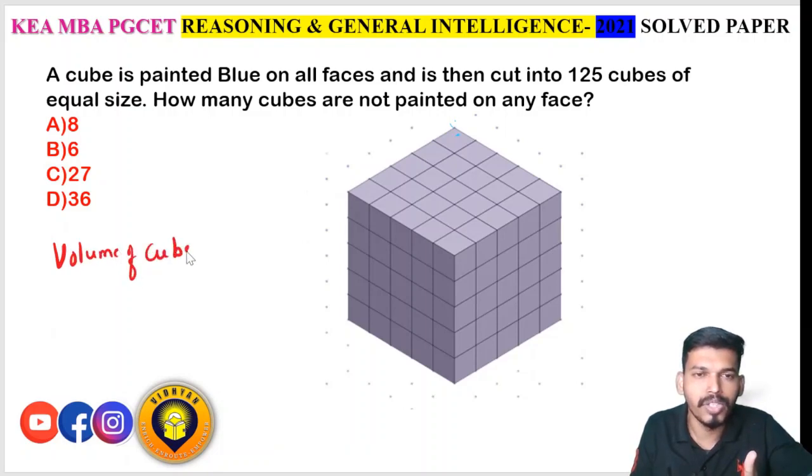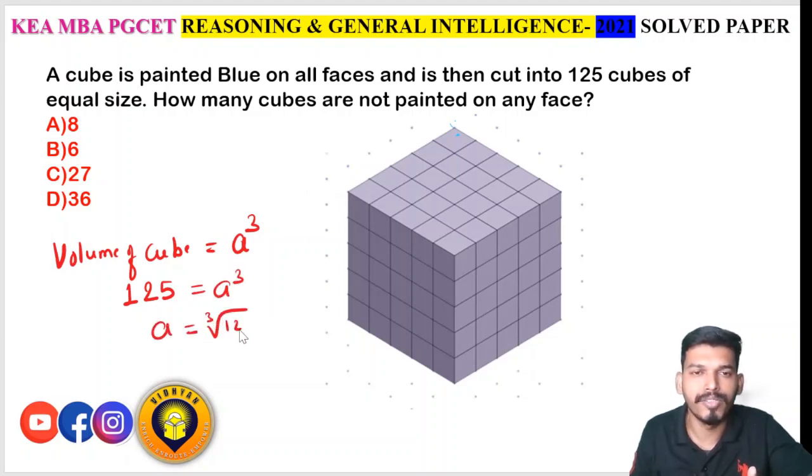What is the volume of the cube formula? Volume of the cube is nothing but a cube. If you join these 125 cubes, you will get the volume of the cube. That means this 125 equals a cube. So what is the value of a?